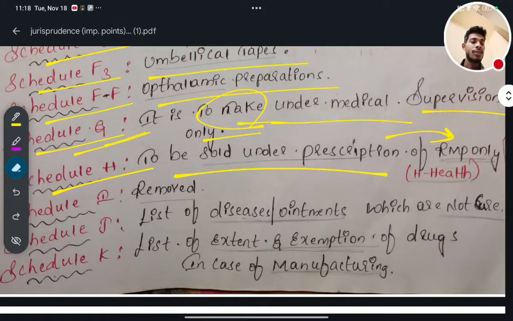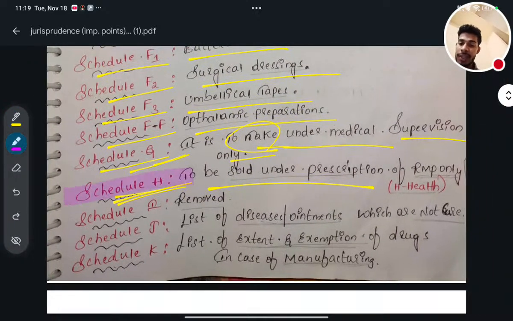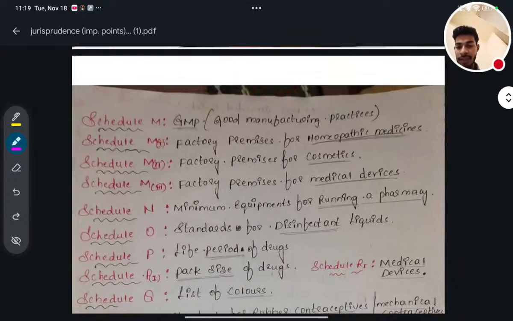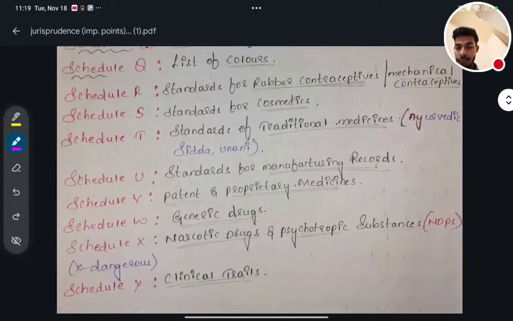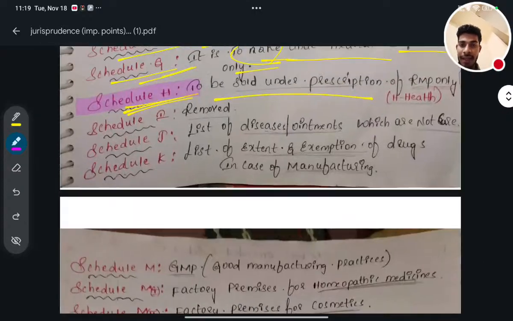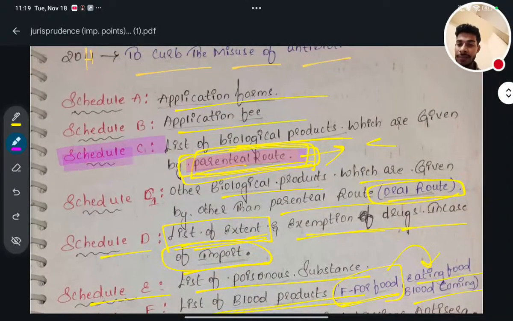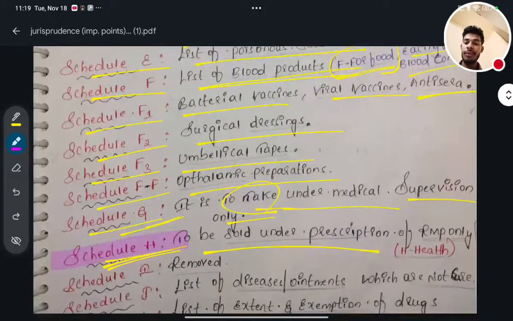Okay, so this Schedule H is very important. You have to remember that Schedule H is very important. Schedule X is also very important. I will tell you, Schedule X very important. Schedule H very important. And one more is parenteral route, Schedule C. Schedule C is also very important. Okay, you have to remember that.